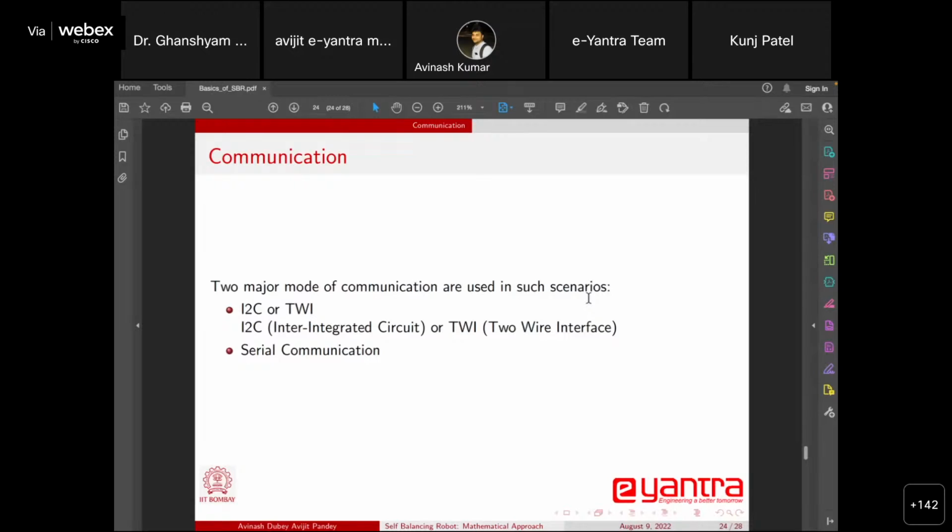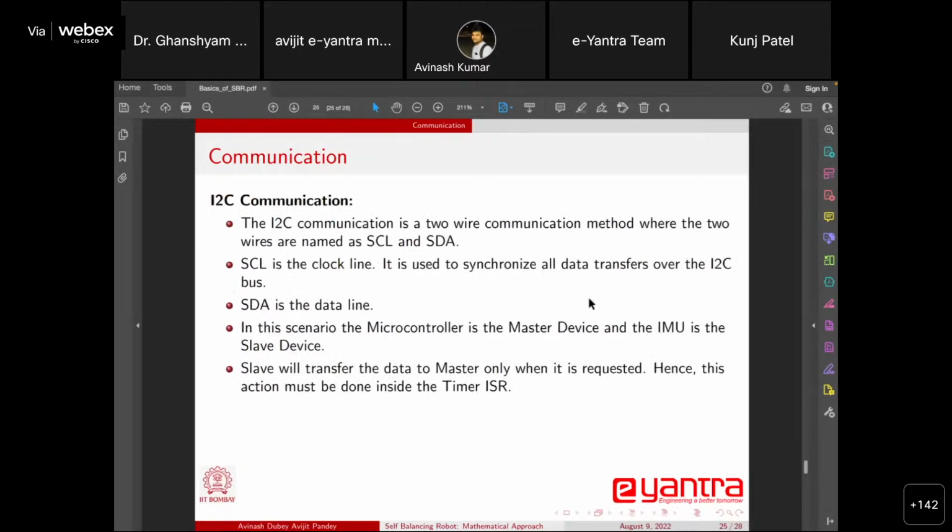In this I2C communication method, data can be transferred from microcontroller to sensor or sensor to microcontroller. But there is always one device called the master device. In most cases, it is the microcontroller itself which is the master, and the microcontroller just sends the signal to the slave device, which is the sensor: okay, give me data now.